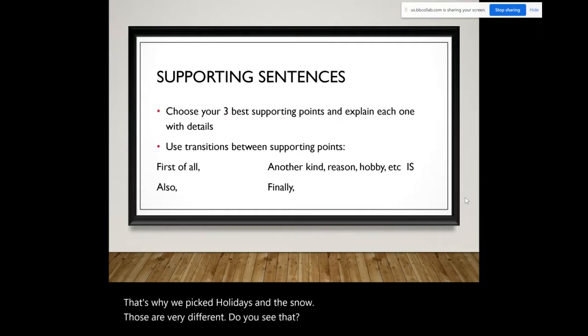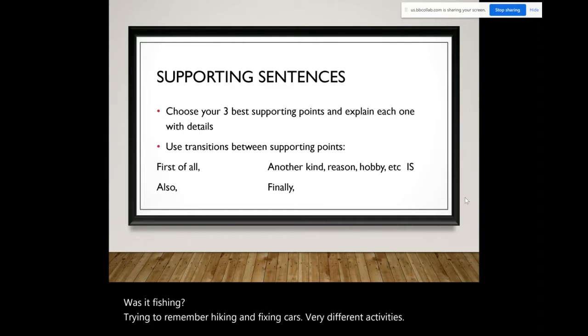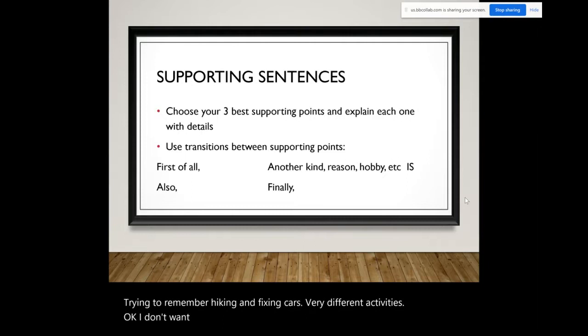And in the earlier example with Eduardo Garcia and the hobbies, I chose fixing cars and, was it fishing? Hiking. Yeah, hiking. Hiking and fixing cars, very different activities. I don't want to choose hiking and walking.